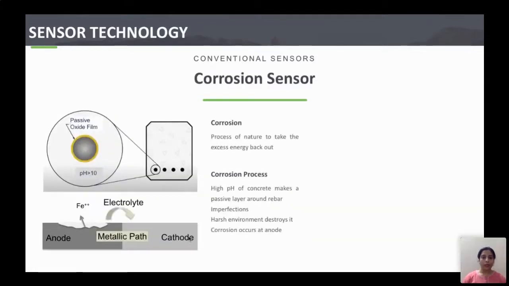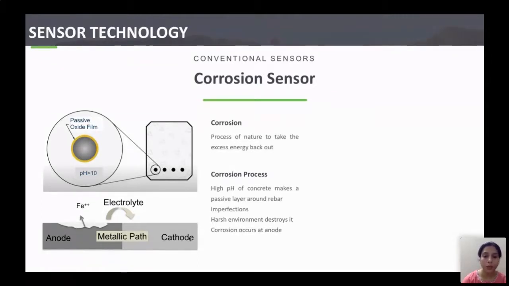Okay, next sensor is the corrosion sensor. To understand the corrosion sensor, first we have to understand corrosion and how it happens. Say you consider any metal except the pure ones, for example gold. All these metals undergo a lot of machining processes in the refineries to convert them into the form in which they can actually be used.